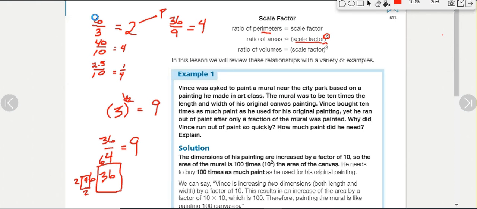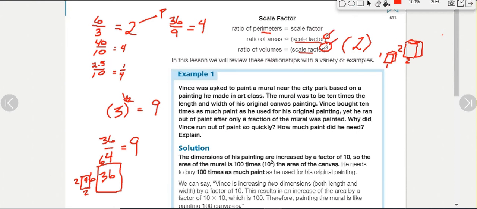And then in 3 dimensions, length, width, depth, you get scale factor cubed. So if the scale factor, the one we get the most often because it keeps it small, was 2, as in you got from 1-inch cubes to 2-inch long cubes, okay, perimeter only doubled, area would have quadrupled because it's 2 squared, right?